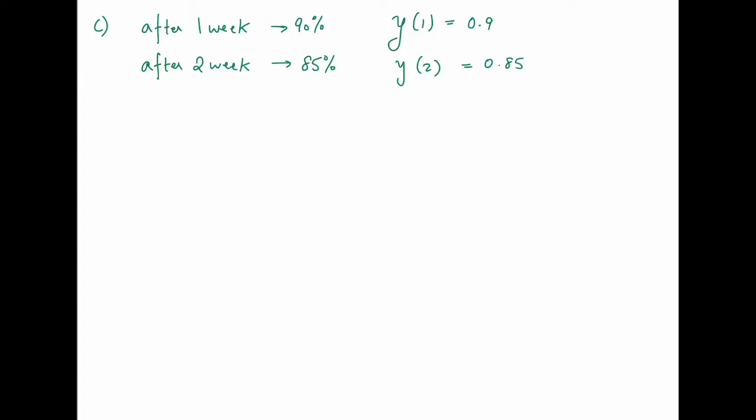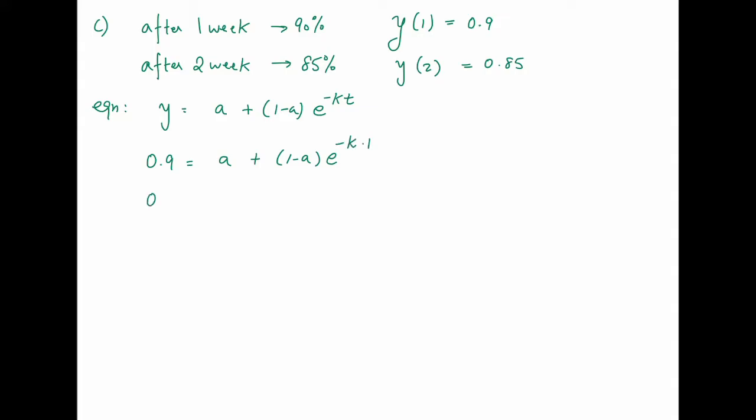So now that we have these two values, we can put them in the equation and try to solve for the unknowns, right? Our equation is y equals a plus (1 minus a) e to the power negative kt. If you plug in the first condition, you would have 0.9 equals a plus (1 minus a) e to the power of negative k times 1.